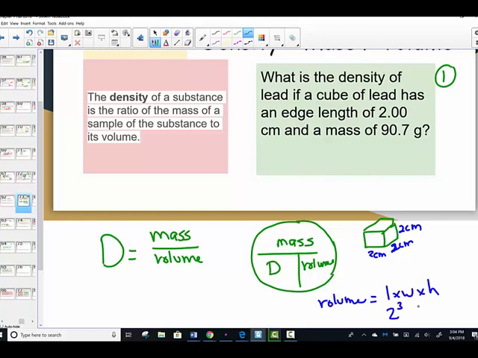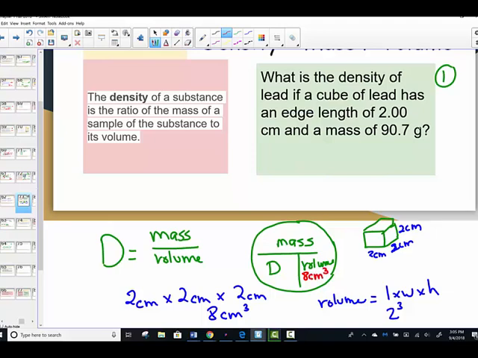Since the unit is a centimeter, we multiply the length of 2 centimeters by the width of 2 centimeters by the height of 2 centimeters. We get a unit that's also derived as a centimeter cubed. So the volume that we've just solved for is 8 cubic centimeters.